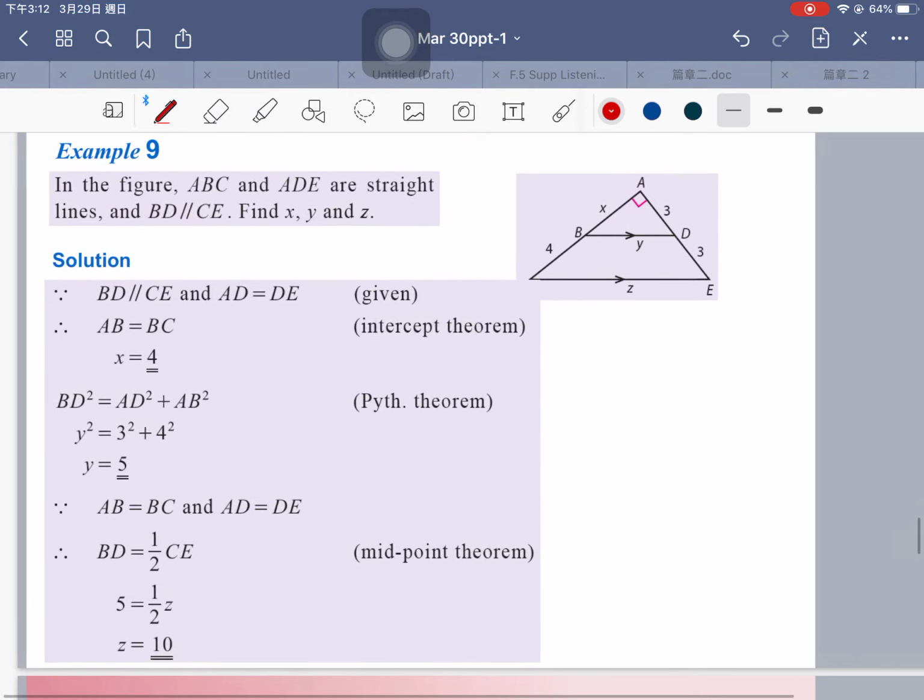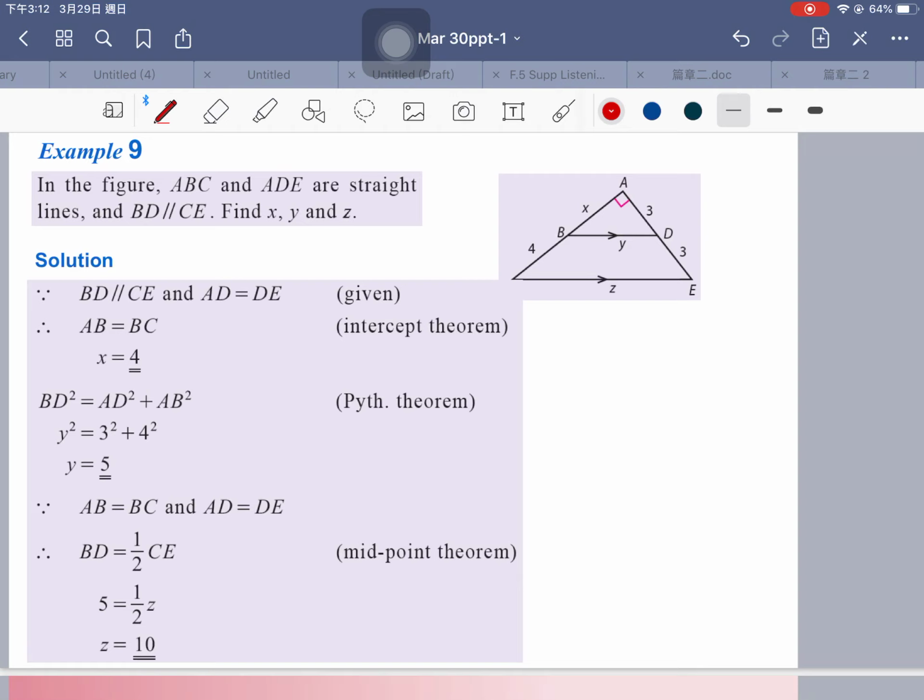And we see an example. Find x, y, z. How to find it out? You don't know, but you know that this one is 4, and this one should be 4. Therefore x is 4. Why? Intercept theorem. You have to write these parallel and equal, and then by intercept theorem, you find it 4.